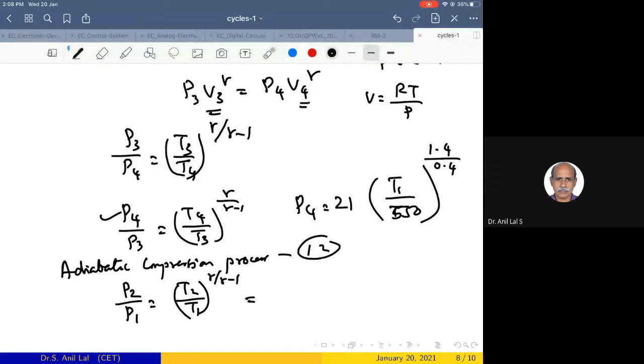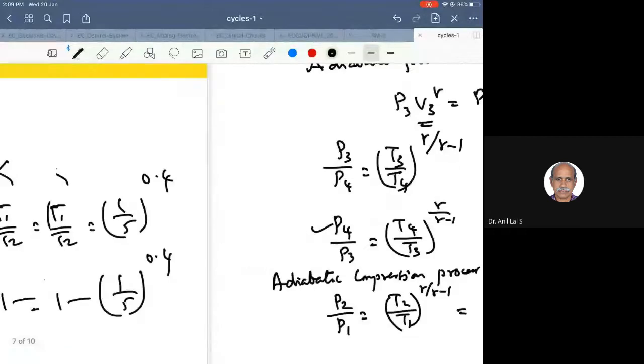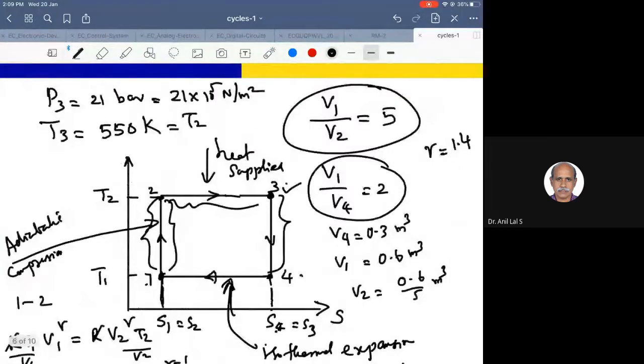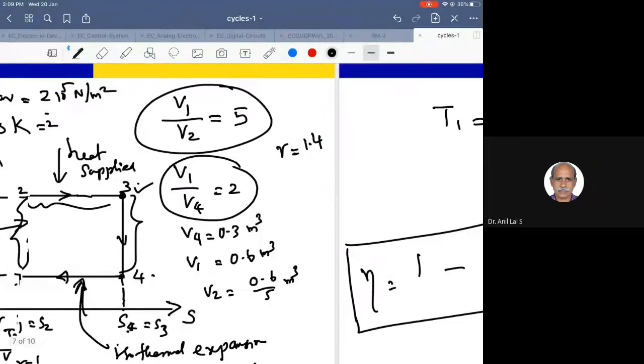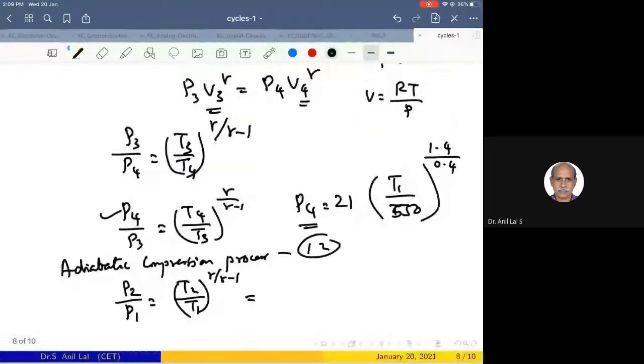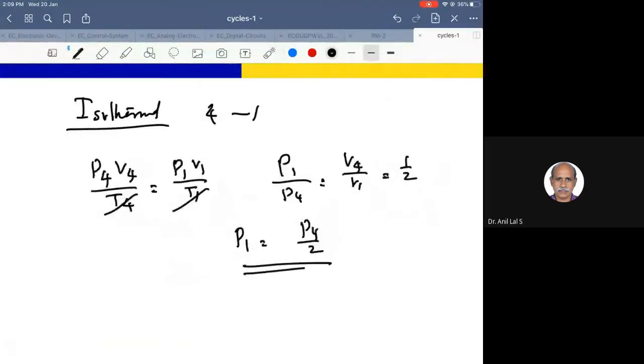You know what T2 and T1 are. We have come to P4, and we have to calculate P1. P1 we calculated earlier: P4 by 2.